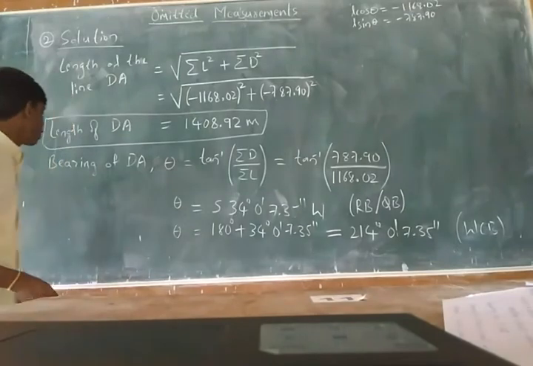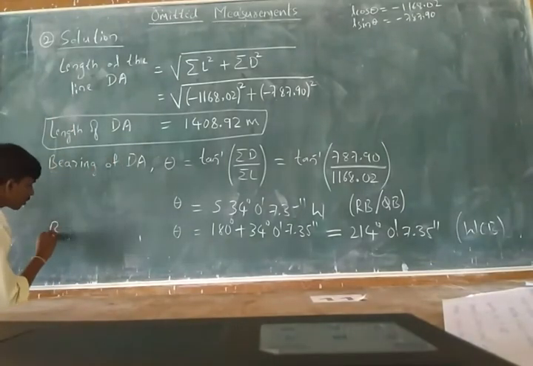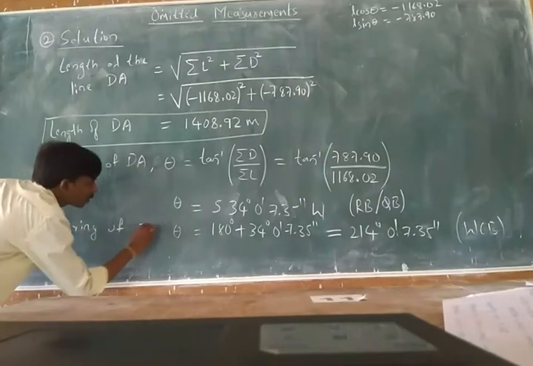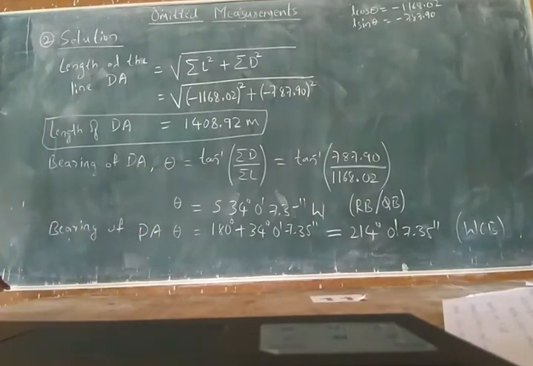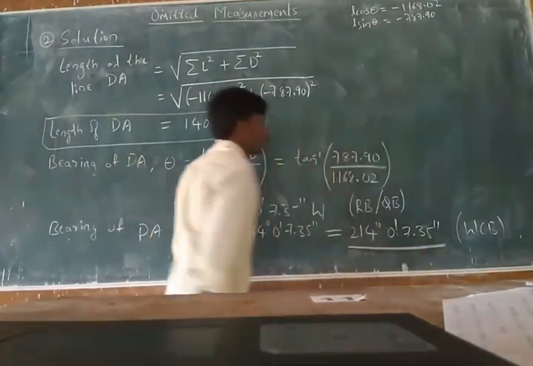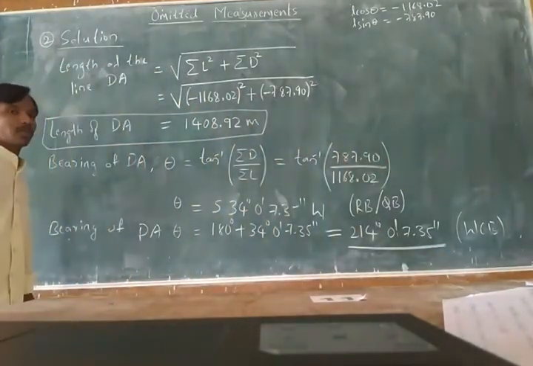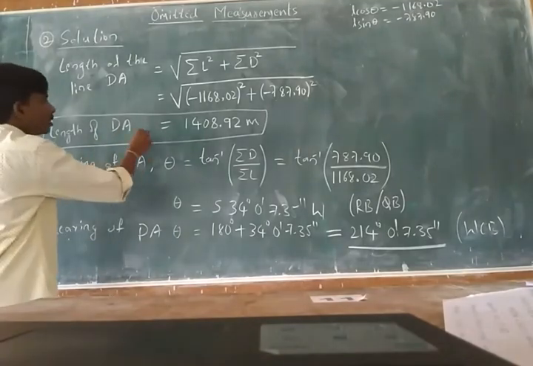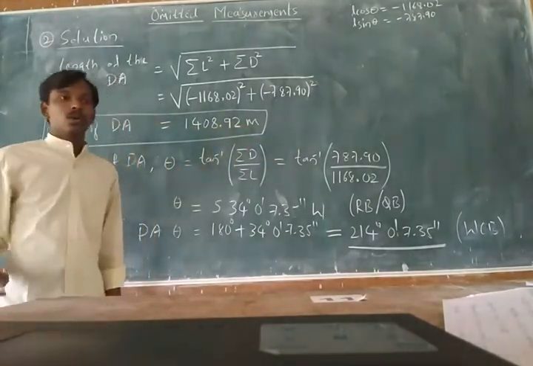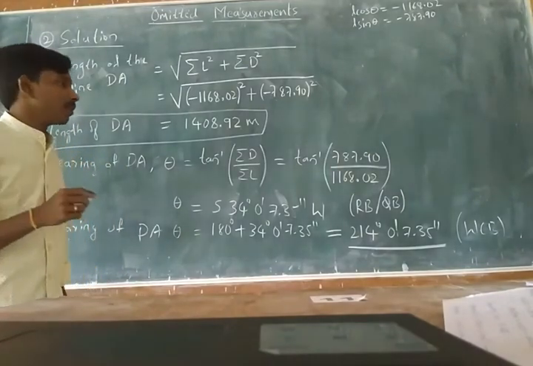Now this is the bearing of DA. So the bearing of DA is 214 degrees 0 minutes 7.35 seconds, and the length of DA is 1408.92 meters.